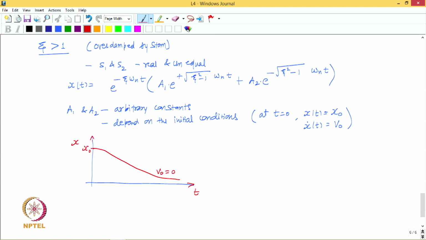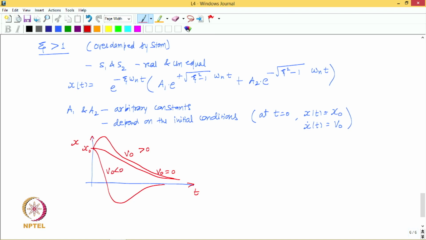If v naught is positive, then this profile may look something like this. And if the velocity is negative, then it may take this kind of shape. So this is v naught less than 0.